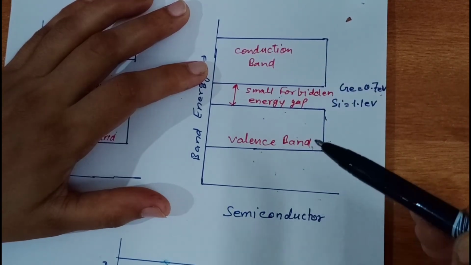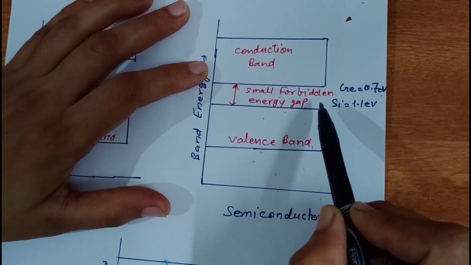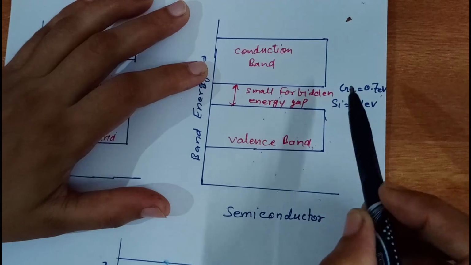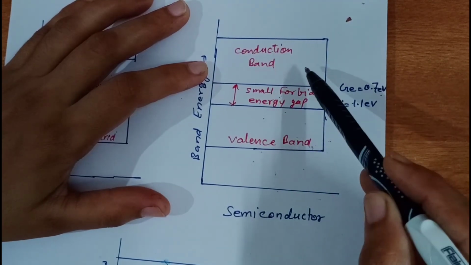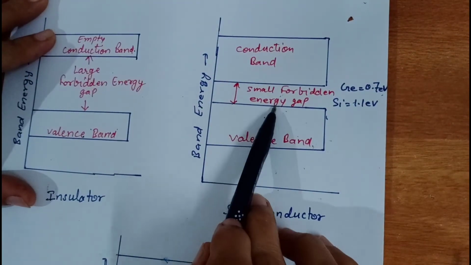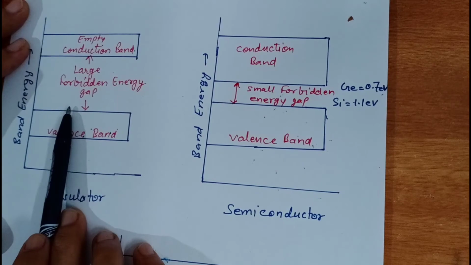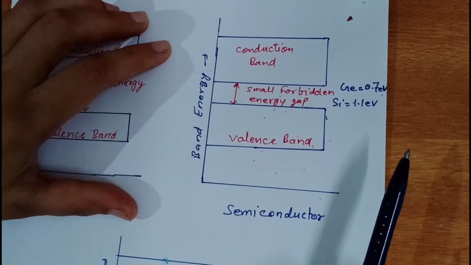But the energy we are providing must be equal to this forbidden energy gap. Only in that case will electrons be able to move from the valence band to the conduction band. So there is a small energy gap in a semiconductor, and in the case of an insulator this is a large energy gap. This is the difference between these two, insulators and semiconductors.